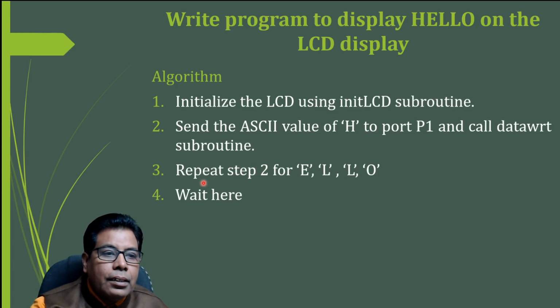And step 2 is repeated for the other characters E, L, L, O, and once we complete that, we stay in a loop and wait. So this is the simple algorithm for displaying HELLO.